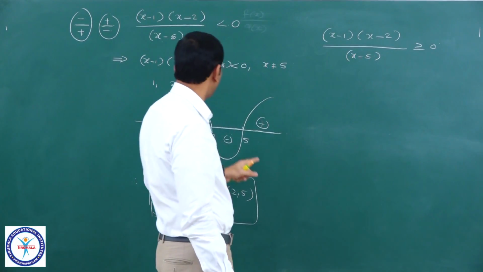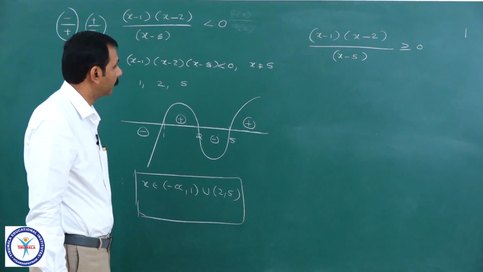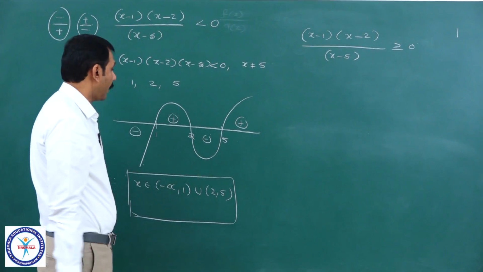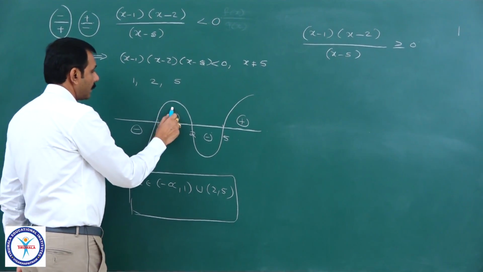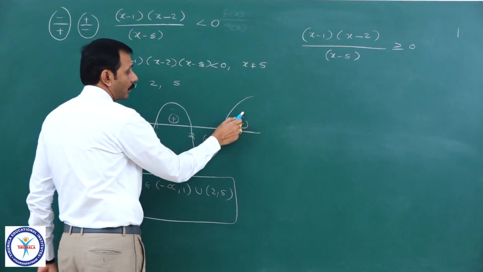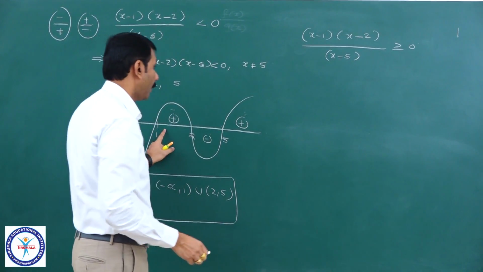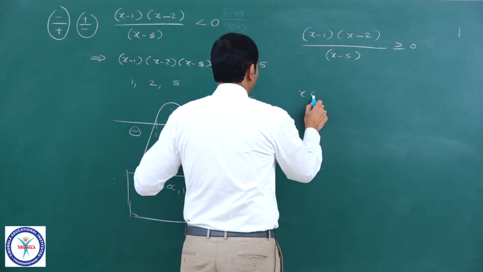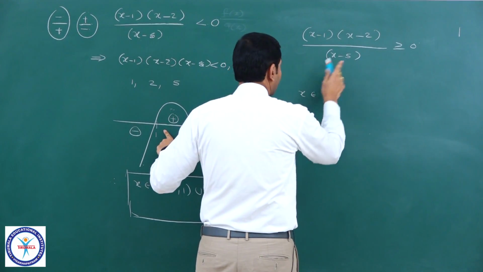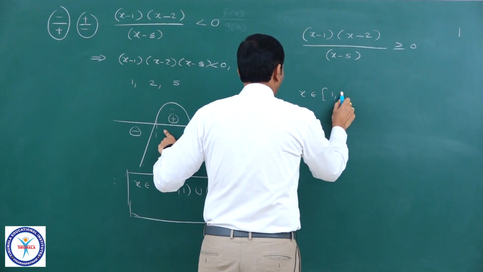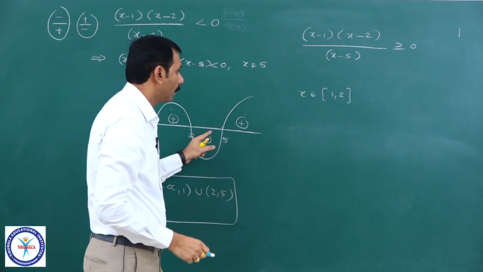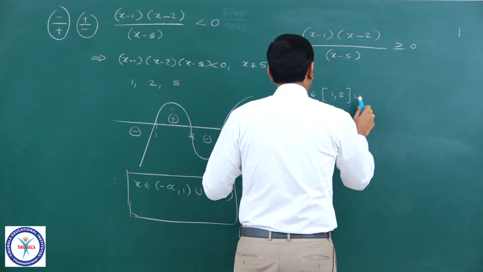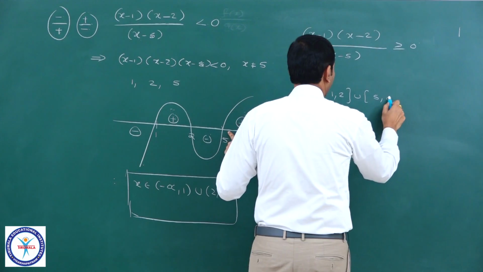See, already we have drawn the wavy curve for that. I need greater than or equal to 0, positive. Where is it positive? Yes, this portion it is positive and this portion it is positive. Therefore, I will collect the values of x. x belongs to [1, 2], both closed, union 5 to infinity.